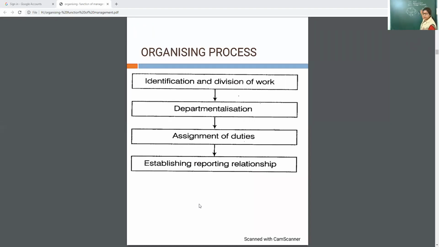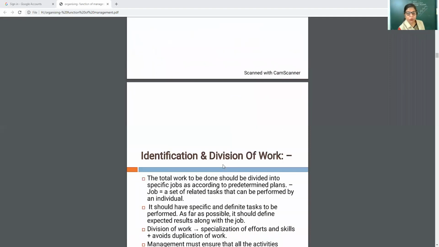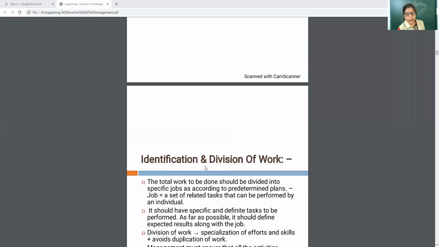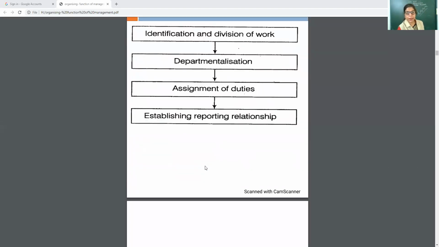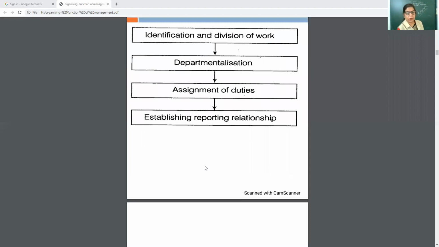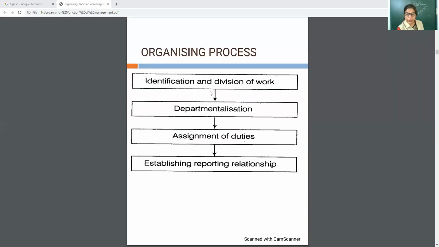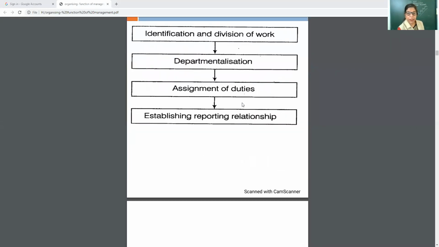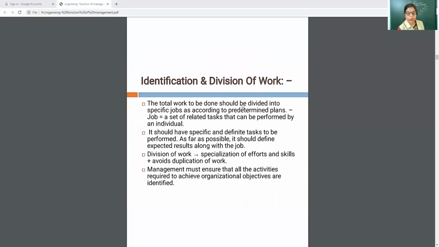D, departmentalization. A, assignment of duties. E, establishing reporting relationships. Accordingly, we will move forward; you can note down IDAE. You can make this type of diagram also, like in the process. First, identification and division of work, then write after the diagram each step.